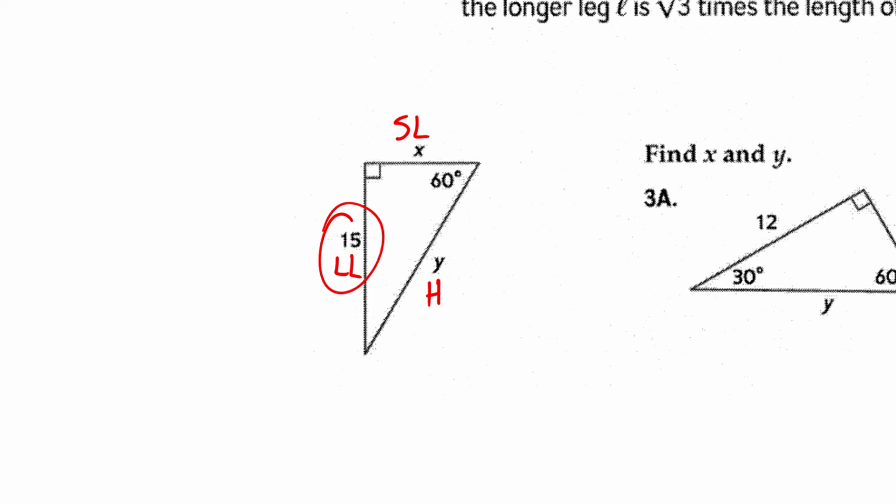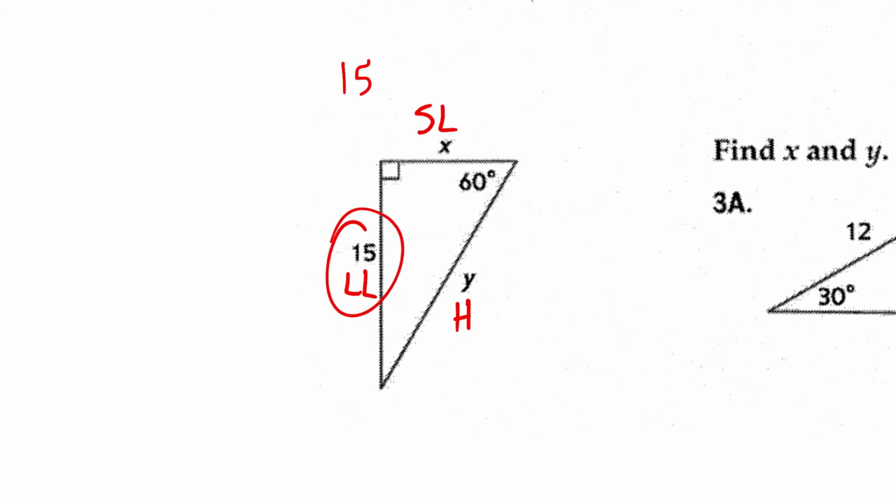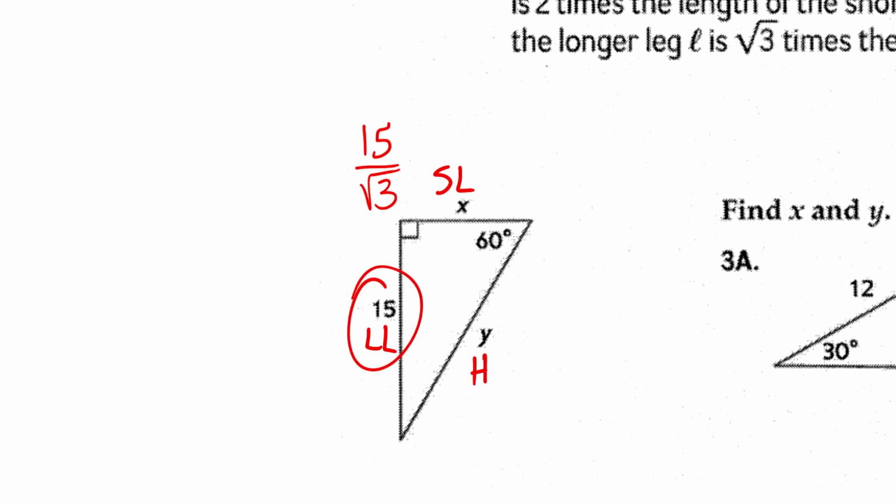So over here, I'm starting with the long leg. So the long leg is 15, so I'm going to go 15 divided by the square root of 3. Just type that in your calculator just like that. 15 divided by the square root of 3. And it gives you what? 8.66.